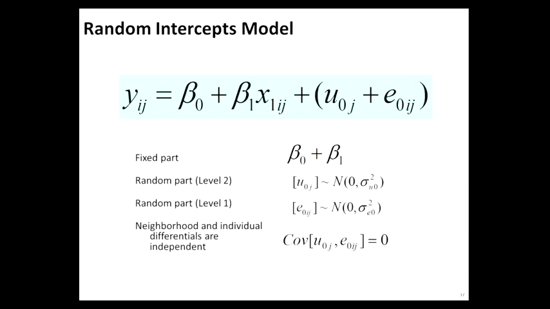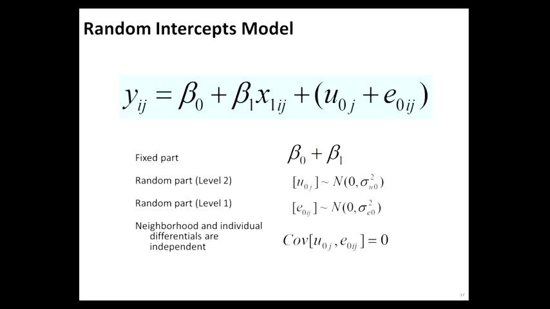So basically when you run the model, this is what we call a random intercepts model, what you get back are the following. You get the beta 0 and beta 1, which gives you the average association between SES and BMI. Then you have two sets of residuals, the U0j and the E0ij.